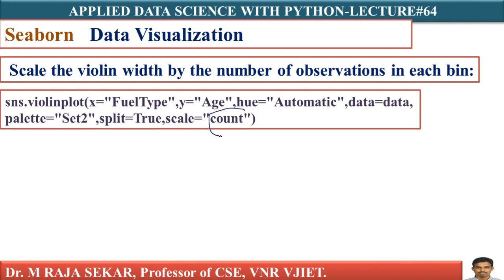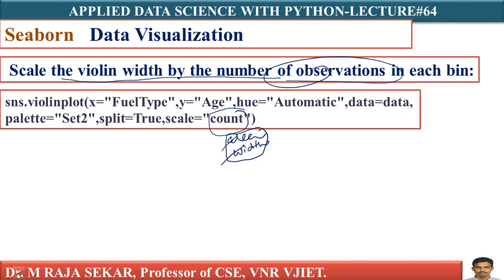Here in the place of scale, if you write area or width, I already explained what happens. I request you to experiment by changing the scale value. Keep area and try to understand the output. Keep width and analyze the output so that you can find the impact of this scale variable.